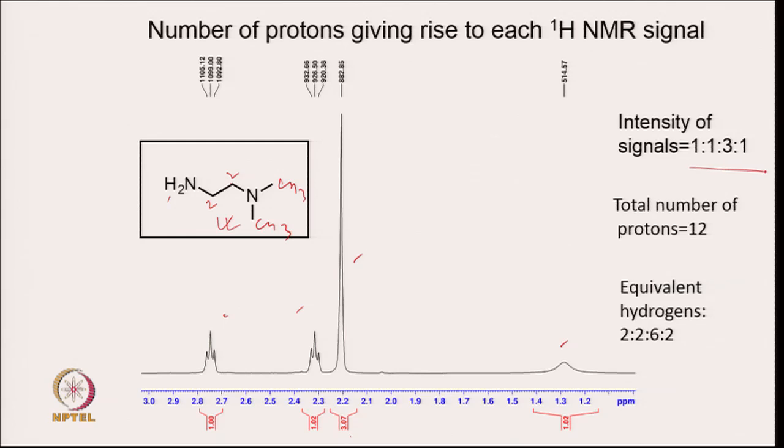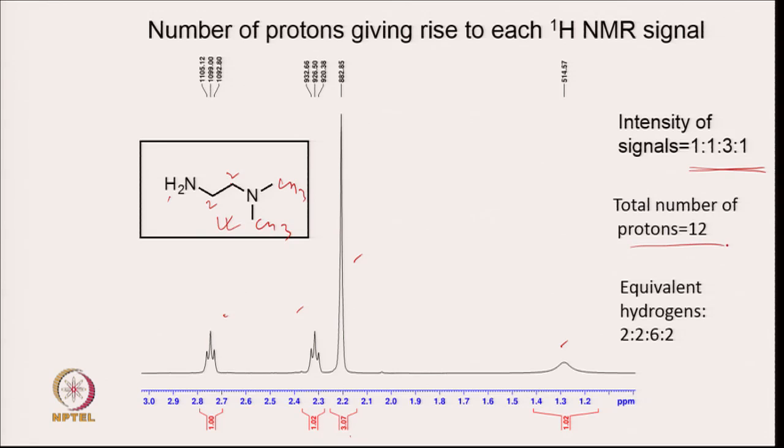So, this is the ratio which we obtained from the NMR spectrum, through the NMR experiment. The intensity you got is in the ratio of 1:1:3:1. Now, look at the total number of protons here: 2, 2, 4, 2, 6 and 6, 12.